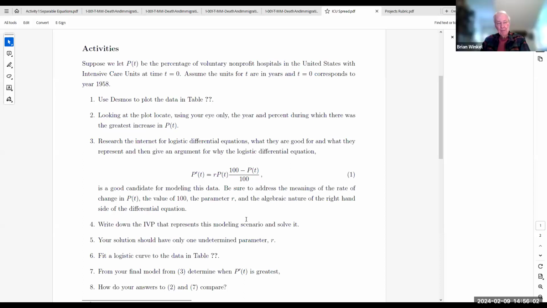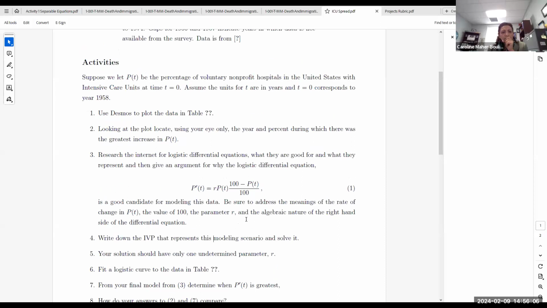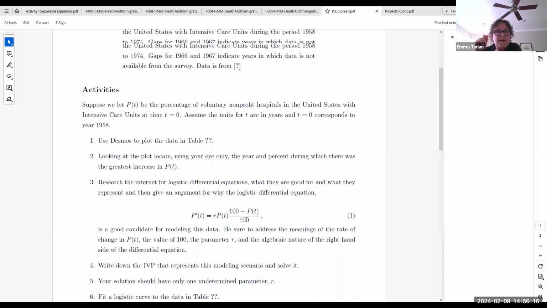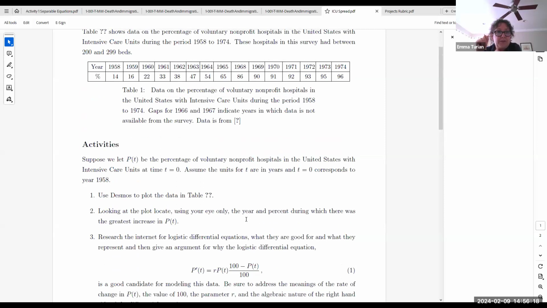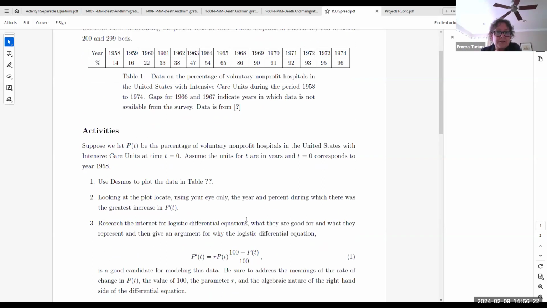Okay. Yeah, because I think you're right, Caroline. The thing is, they can guess the carrying capacity because that's the maximum of the data, how far it goes. The rate might be a bit more difficult, the intrinsic rate, to figure out.